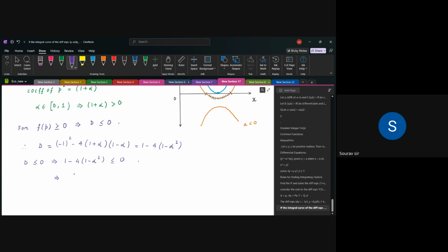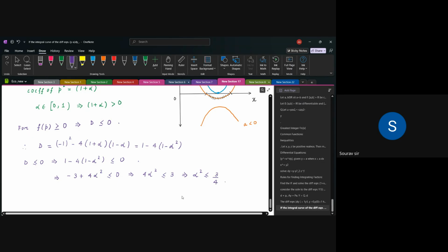Right? So minus 3 plus 4 alpha square is negative. That means 4 alpha square should be less than or equal to 3, or alpha square should be less than or equal to 3 by 4. So if alpha square is less than or equal to 3 by 4, then what should be the values of alpha?